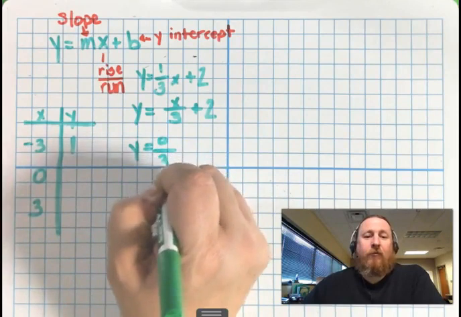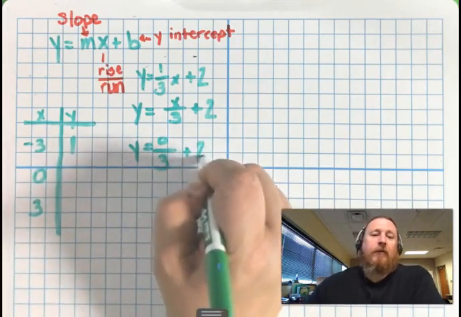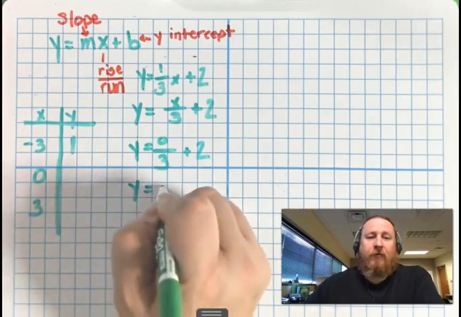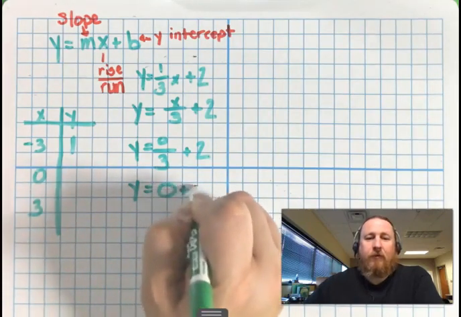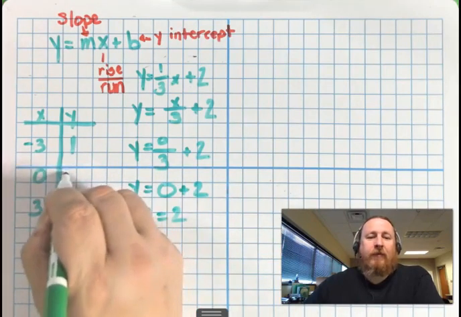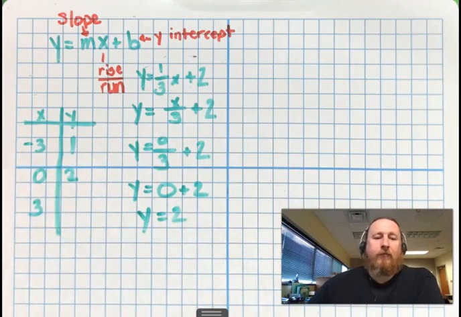or 0 over 3 plus 2. 3 goes into 0 0 times, giving us a value of 0 plus 2, or a y of 2. So when x is 0, y is 2.